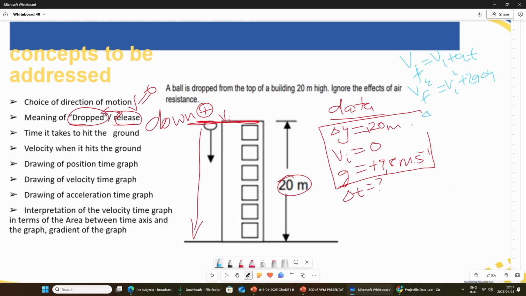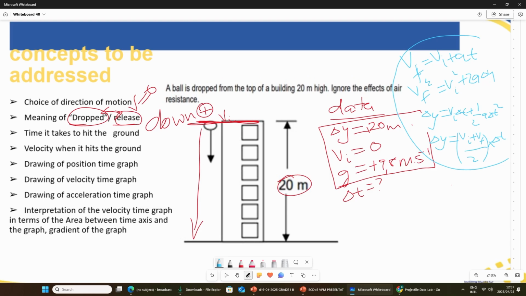The third one is delta y, which is given as v initial delta t plus half a delta t all squared. Then the fourth one is delta y equals v initial plus v final, all divided by 2, multiplied by delta t. So we now have all four equations of motion.